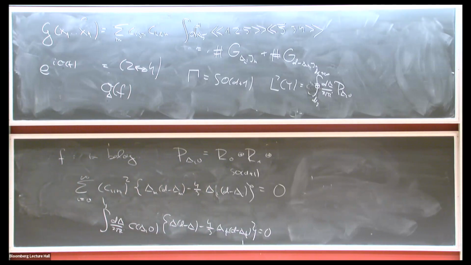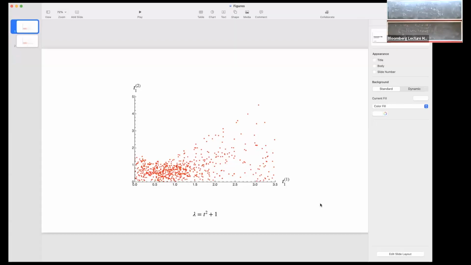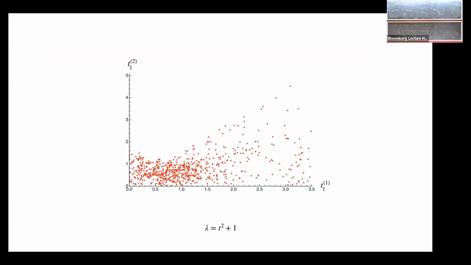And finally, some applications to hyperbolic manifolds. So let me just share my screen. Right, so what is going on here? Skipping several steps, this is a plot in the realm of hyperbolic free manifolds. So d is equal to 2.